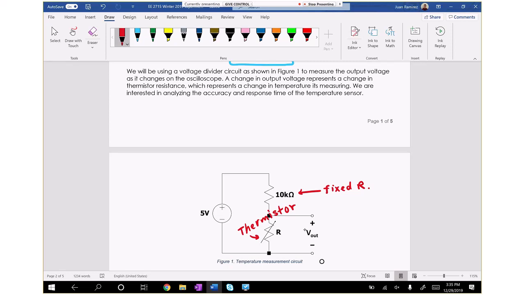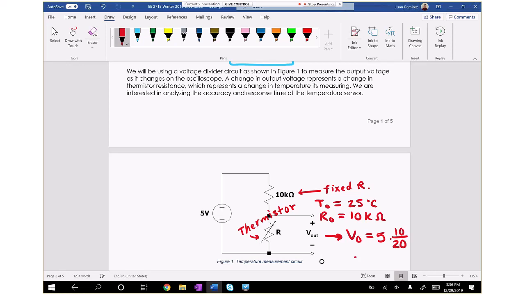So if the thermistor at room temperature has a nominal value of 10 kilo ohms, so T0 is, let's say, 25 degrees C, R0, let's say, is 10 kilo ohms, then in that case, you have a voltage divider of 10 kilo ohms in series with 10 kilo ohms, and therefore V out would be equal to 5 times 10 over 20.